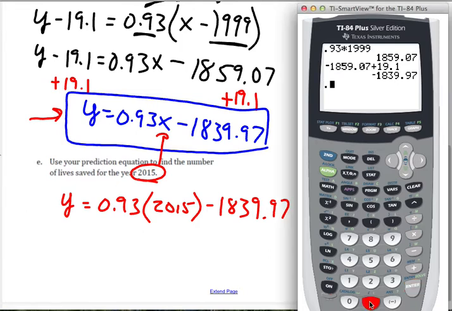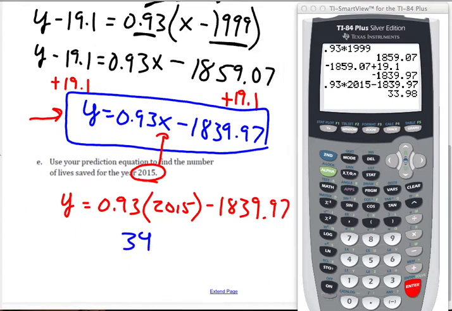Well, plug it all in. 0.93 times 2015 minus, I almost screwed that up, 1,839.97. Enter. And that's 33.98. I think we can round that to 34. So in 2015, we'd save 34 lives.